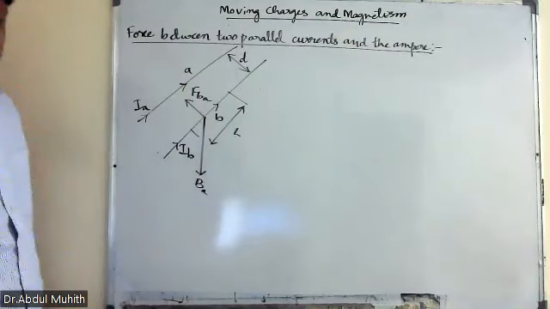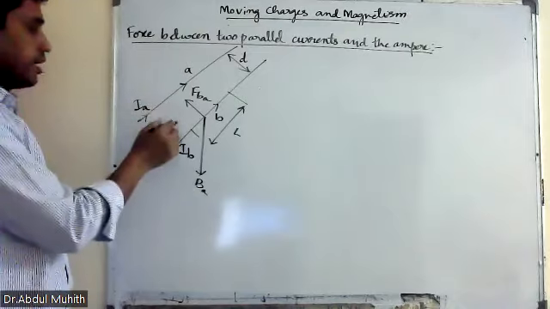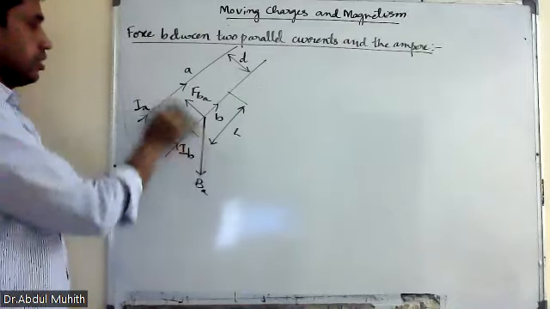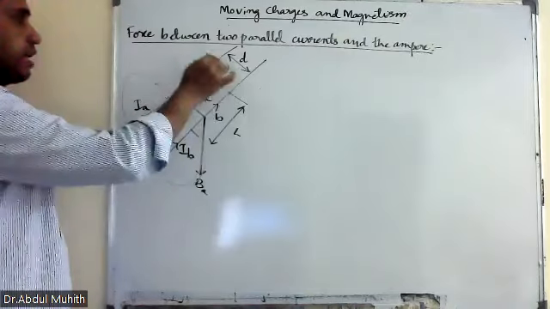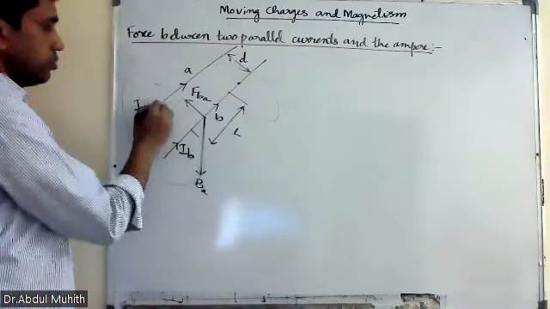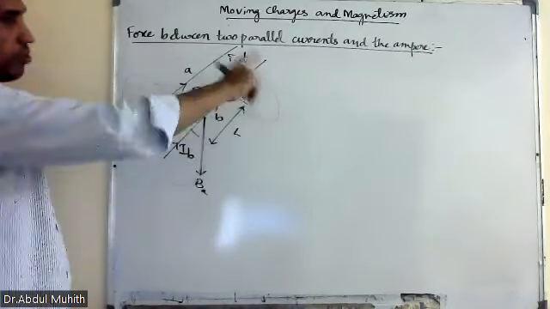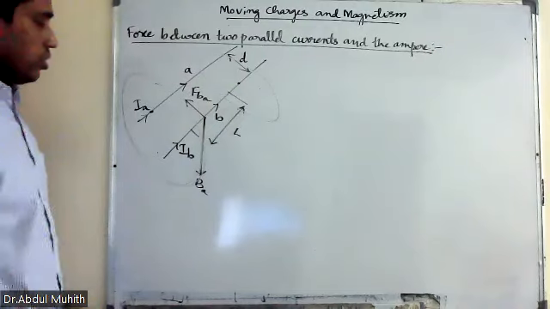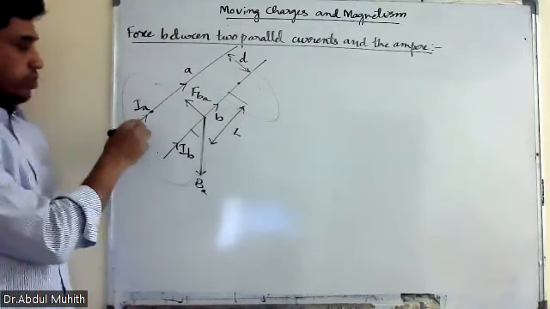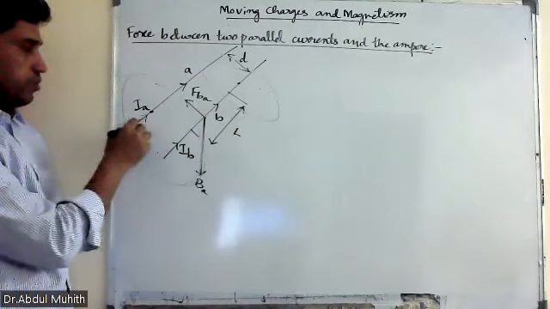We have two forces. There is a magnetic field around the first wire, and also a magnetic field around the second wire, centered on each wire.